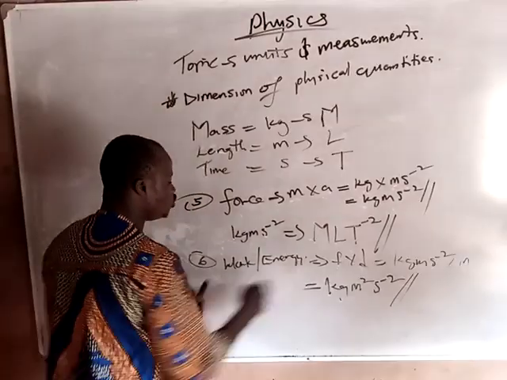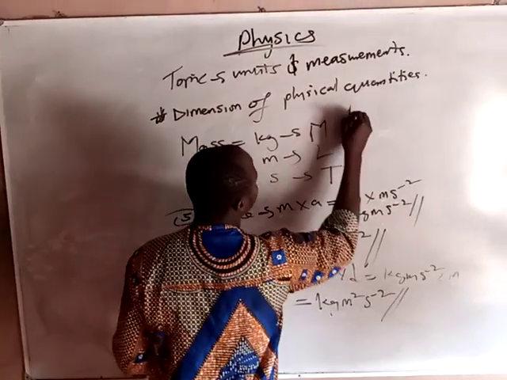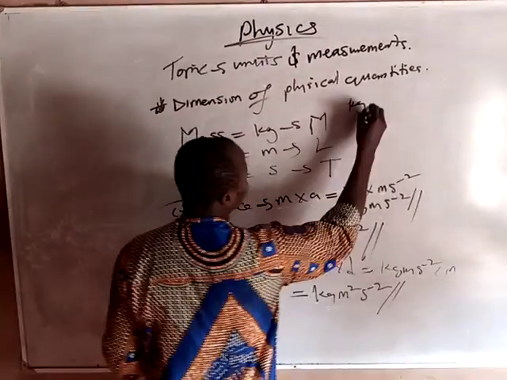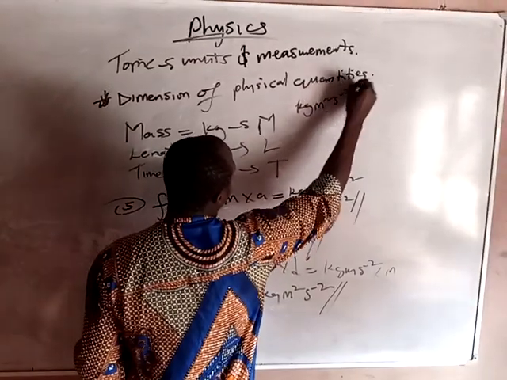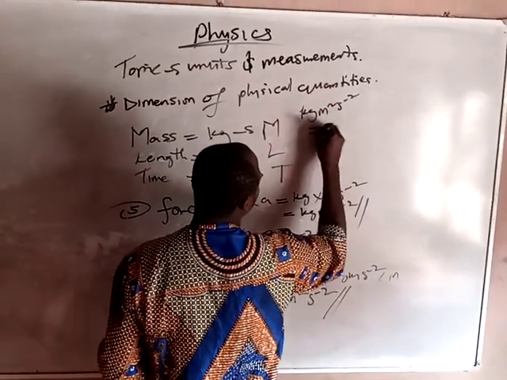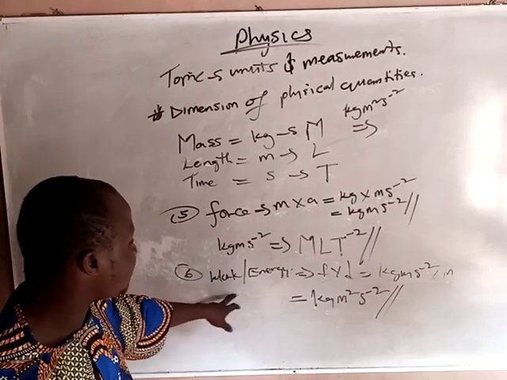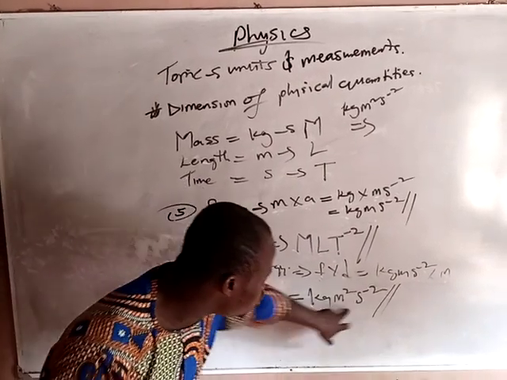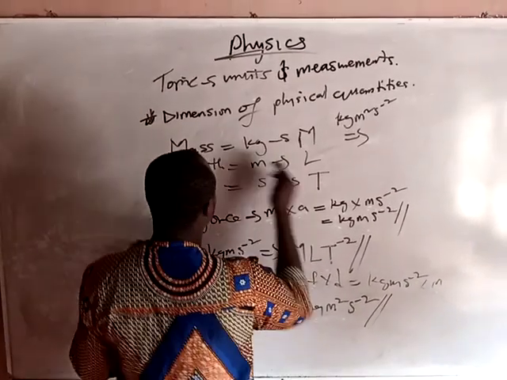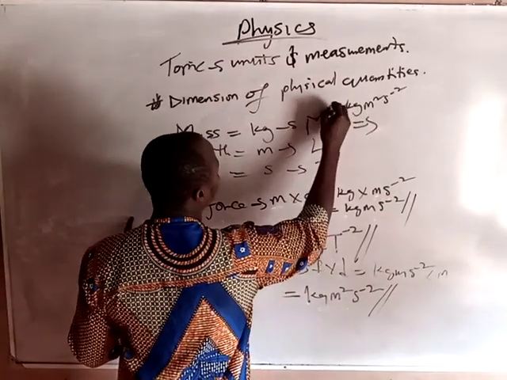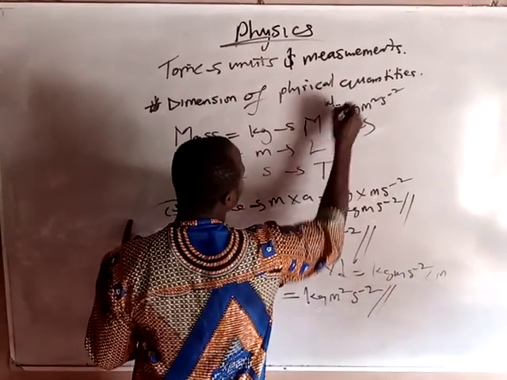Now, from the unit of work, we can find the dimension. How can we find the dimension for work using its unit? Very simple. Kilogram is M. So this is work. Don't forget that.